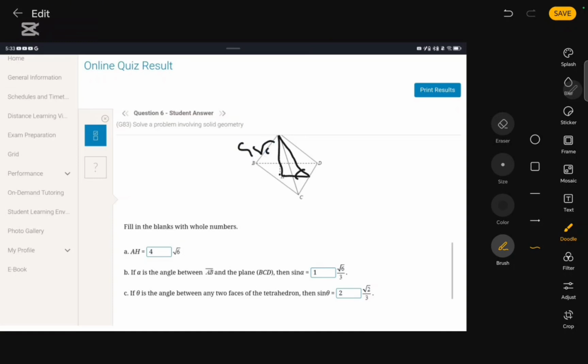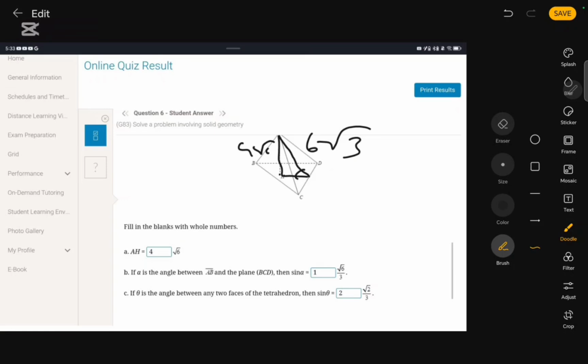Okay. So to calculate it, we know that AH is 4 radical 6. And they said they want sine, and sine is opposite over hypotenuse. And hypotenuse, what was hypotenuse again? One second. Hypotenuse was 6 radical 3, because, remember when I did all of it?